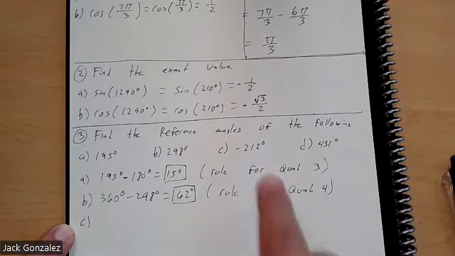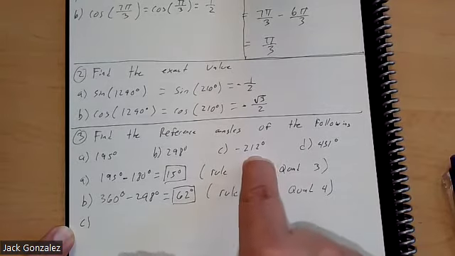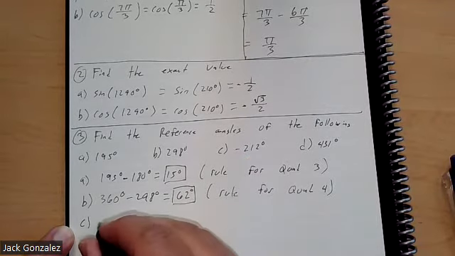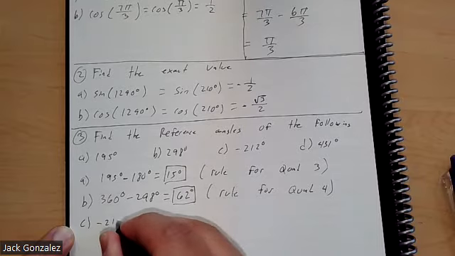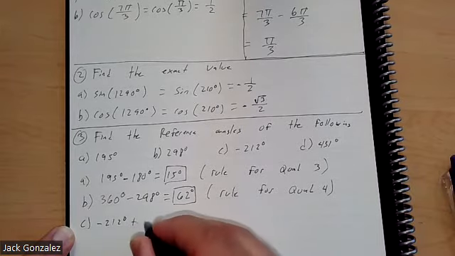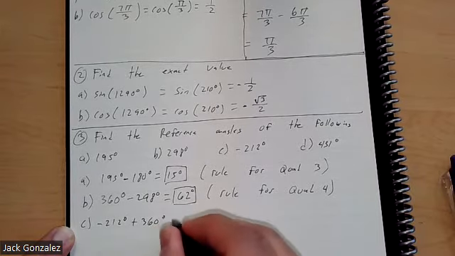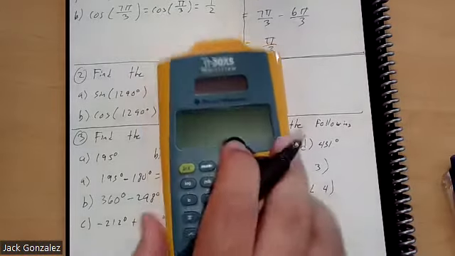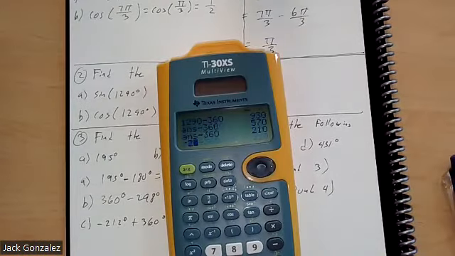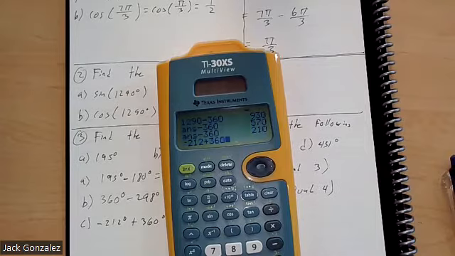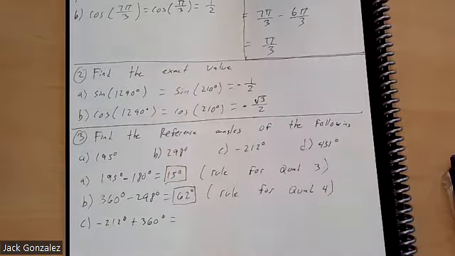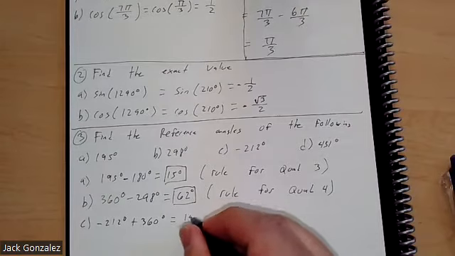C. This one's negative, so adjust first and then figure out where you are on the circle. So add 360. Where is 148?